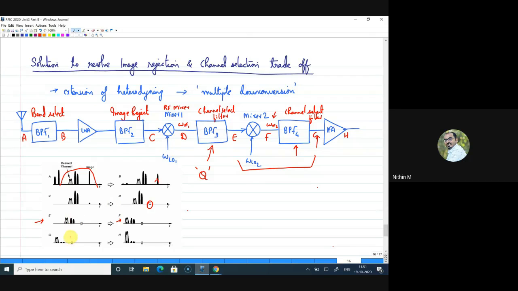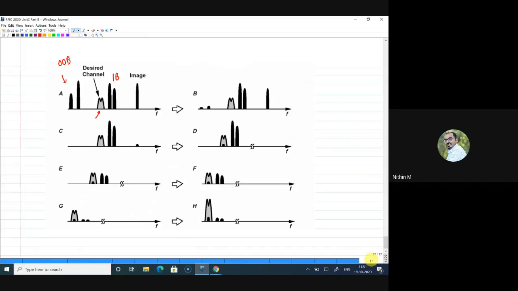Then again it is transferred to a lower frequency part through the next mixing process, and then with the next channel select filter, the in-band interference is reduced to a very small magnitude, and finally the intermediate frequency amplifier is used to amplify it, right? Maybe you can look at this spectrum and we can understand how channel selection is done progressively and how the interference is removed, right?